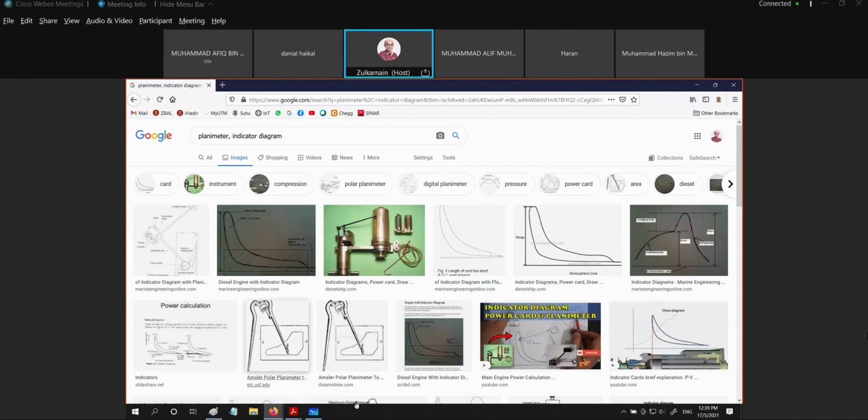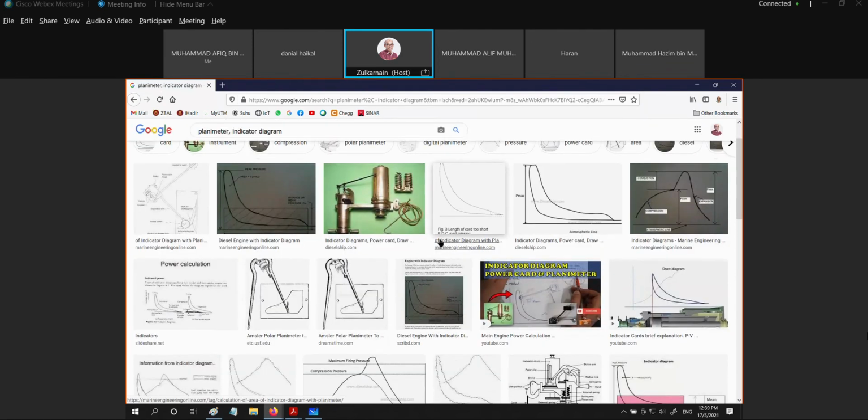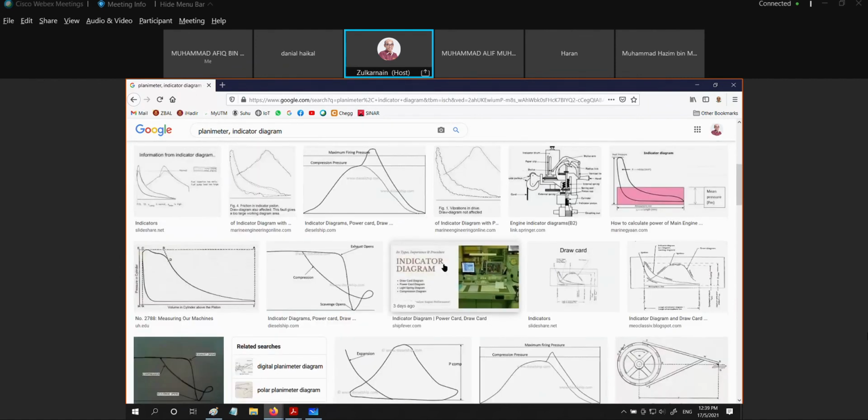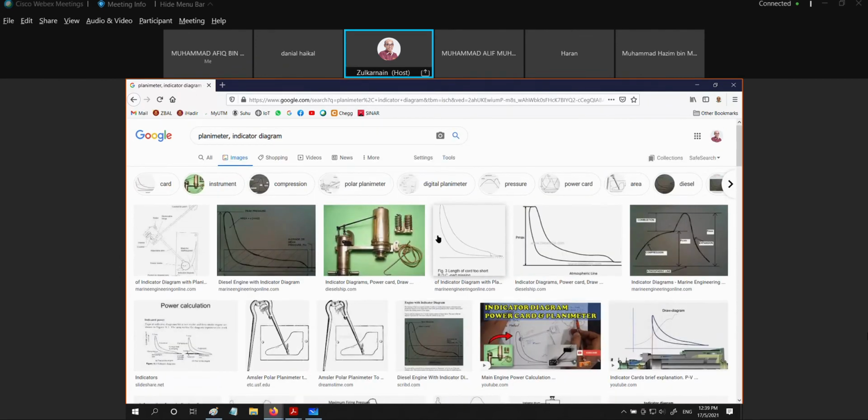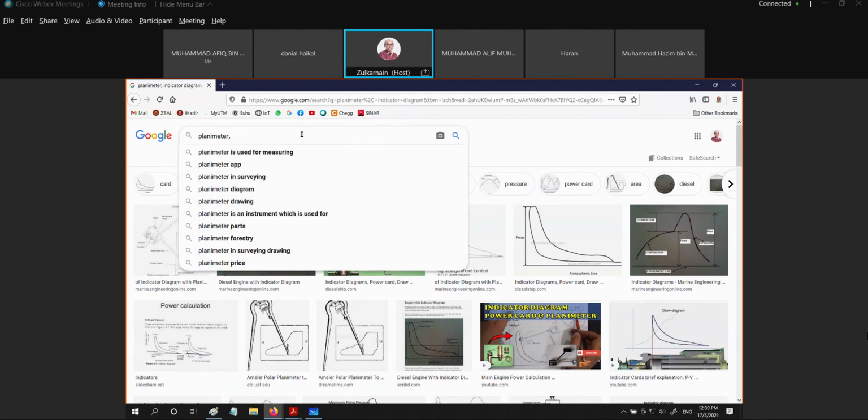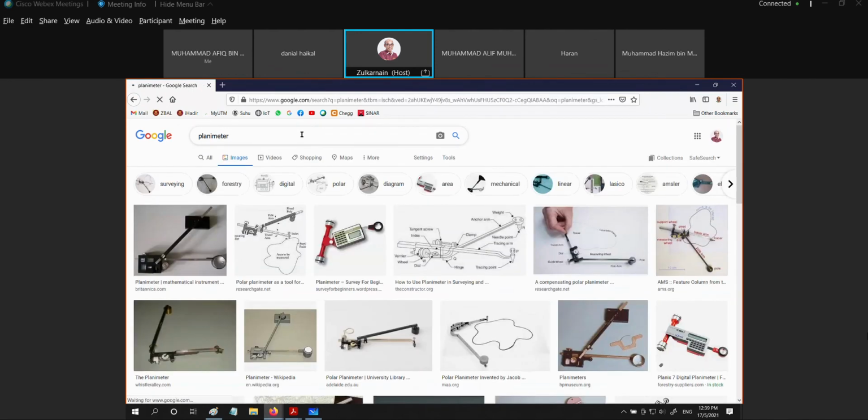This is the planimeter. We trace the diagram, and the planimeter will give us the A value and also the L value that I have mentioned just now.